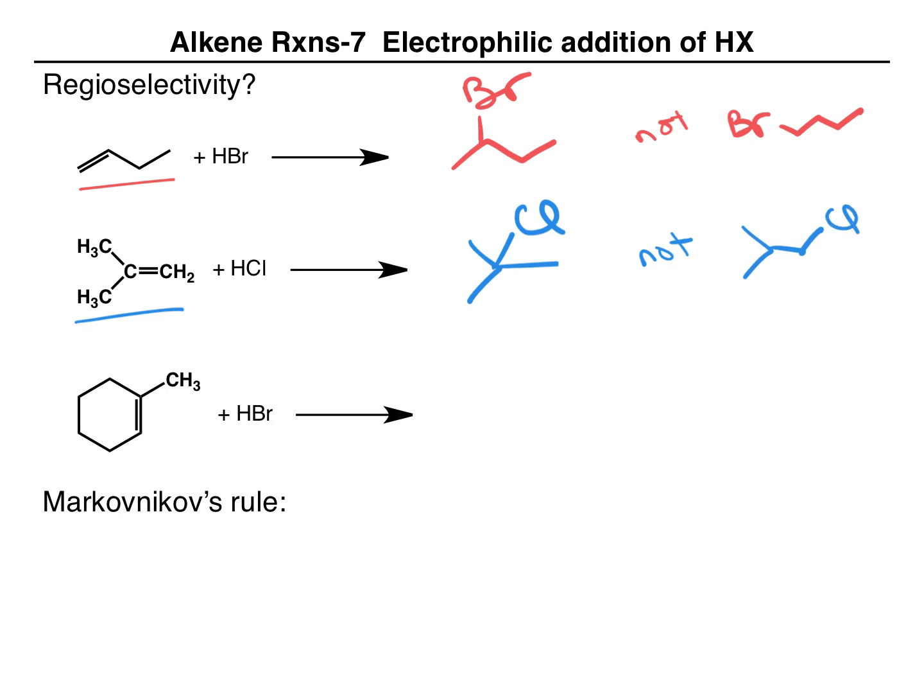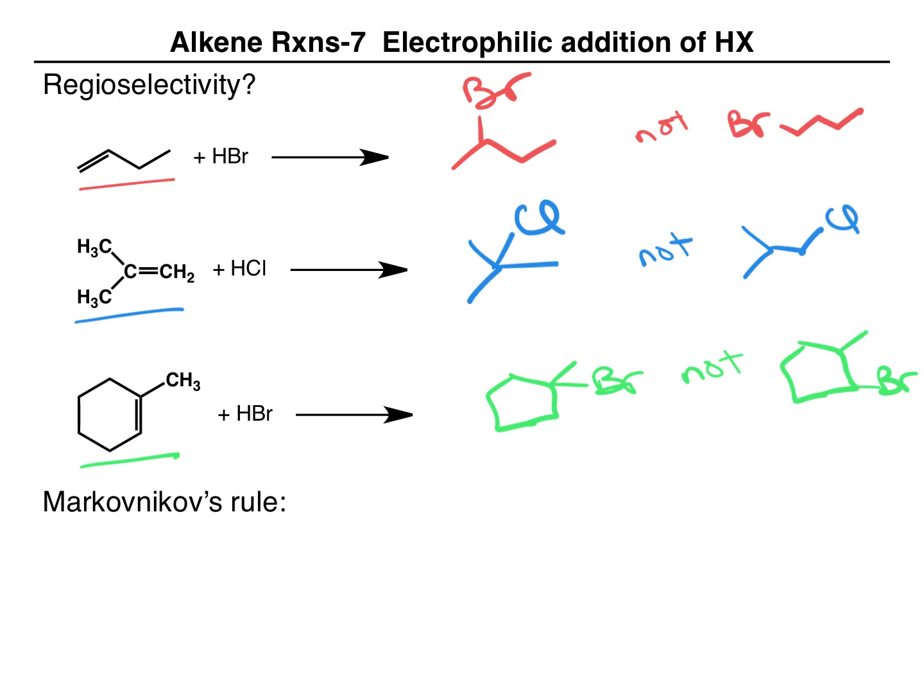And if we react 1-methylcyclohexene with HBr, the major product is 1-bromo-1-methylcyclohexane, not 1-bromo-2-methylcyclohexane. This particular regioselectivity was observed by Markovnikov, who summarized the observations in what's now known as Markovnikov's rule.